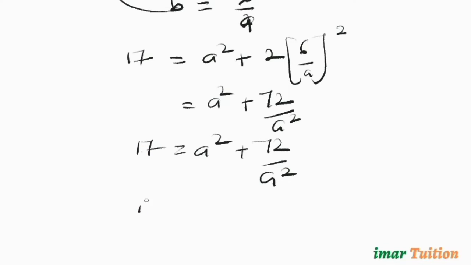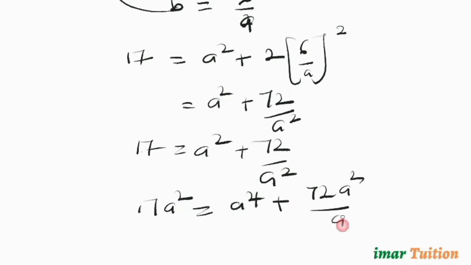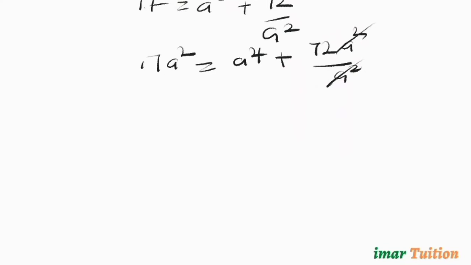I want to remove this one from the bottom, that's why I'm doing that. 17 times a squared gives 17a squared, equal to a squared times a squared, which gives a raised to the power 4, plus 72 a squared over a squared, which leaves 72. So we'll have 17a squared equal to a raised to the power 4 plus 72.